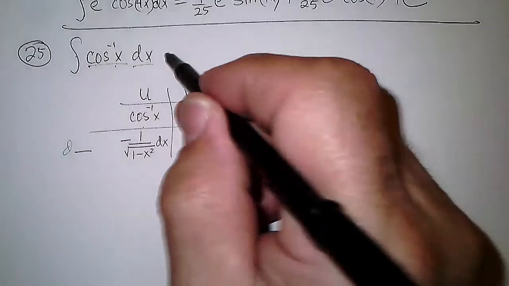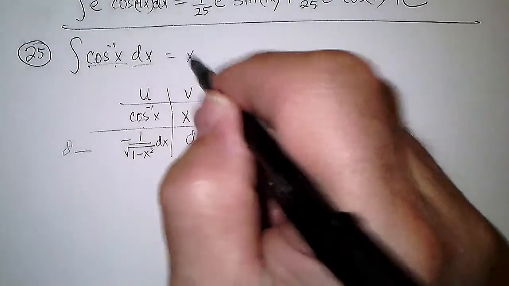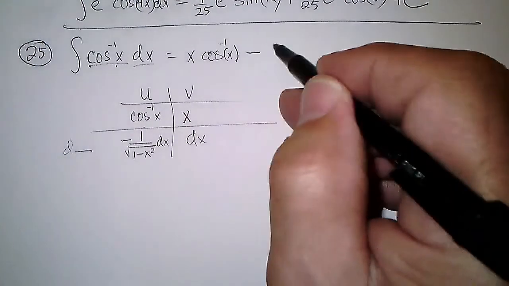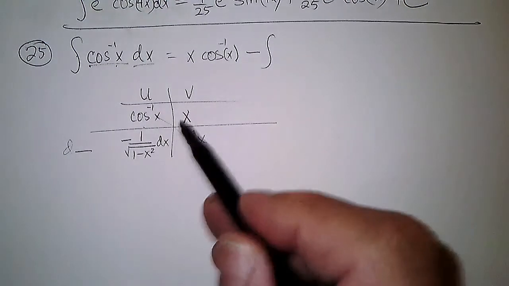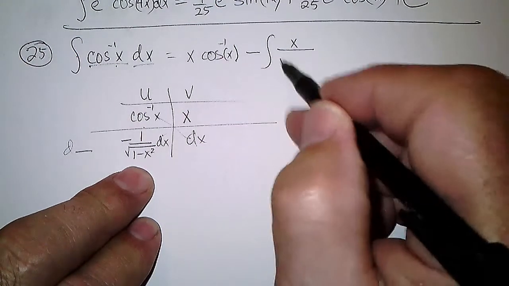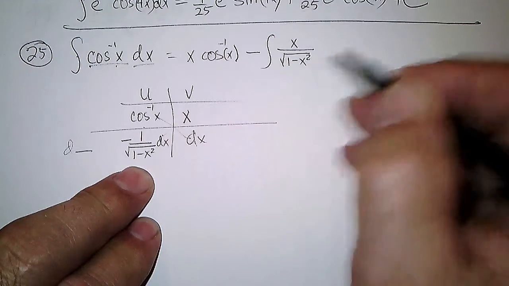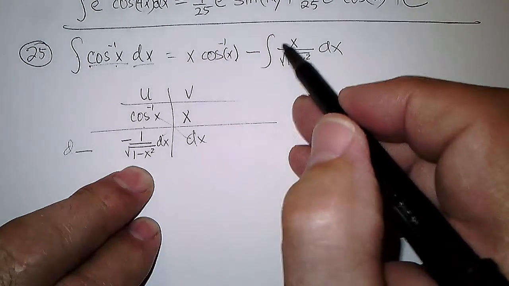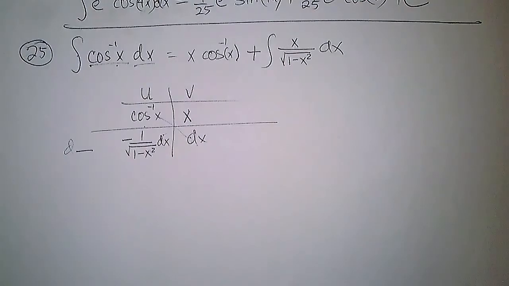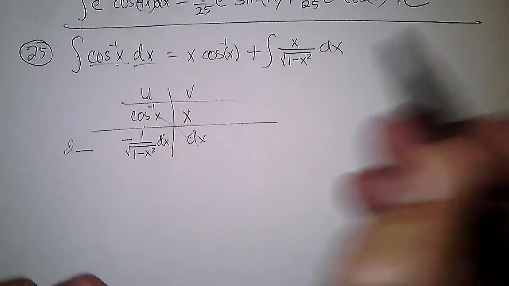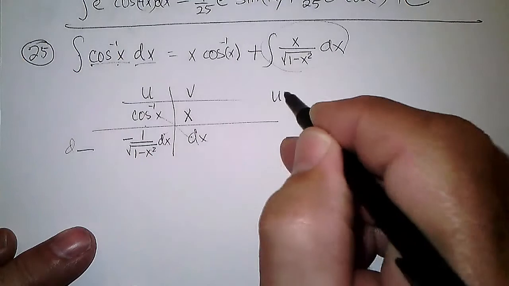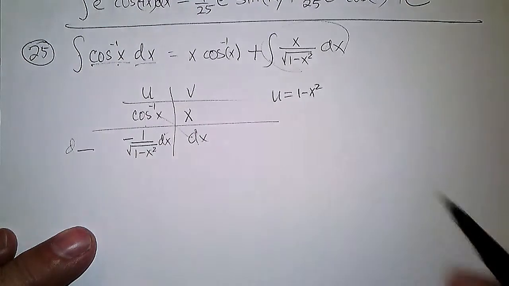Okay, so this becomes uv, x cosine inverse of x minus the integral. We started with these two, so we go with these two, and that would be x over the square root of 1 minus x squared dx, but there's a negative on this part right here, so that's going to change that to positive. And now to do this part, I'm going to let u be 1 minus x squared and do a simple substitution.